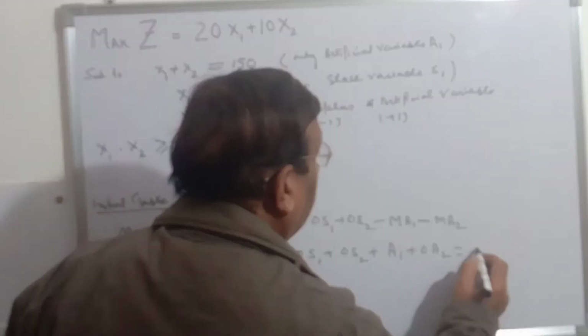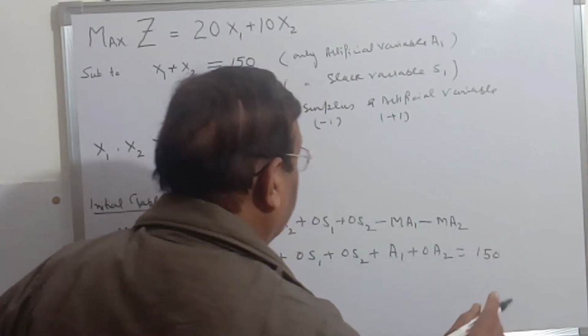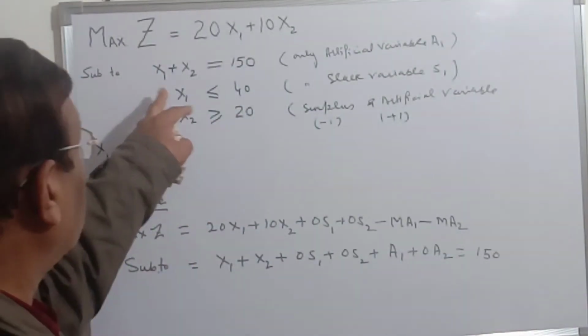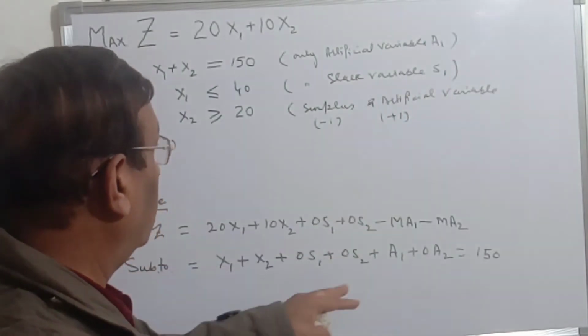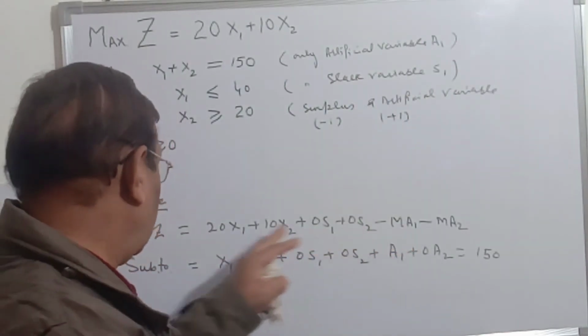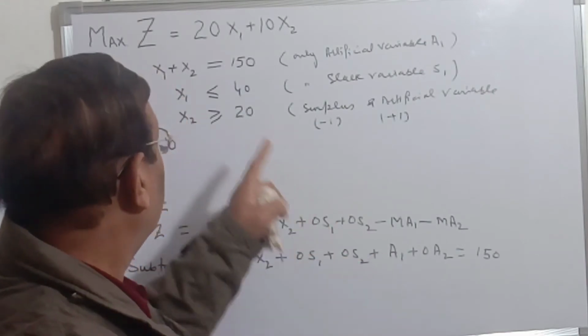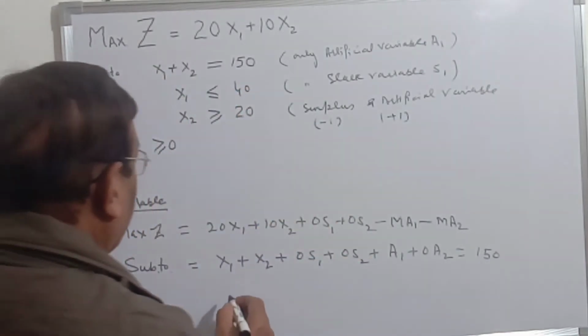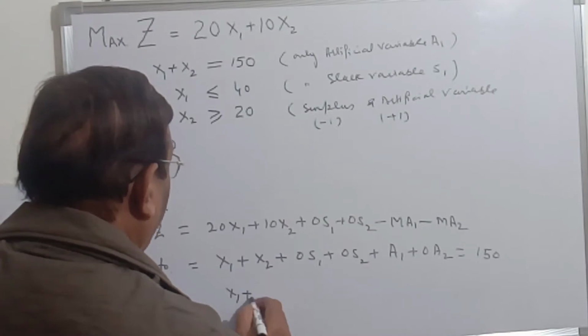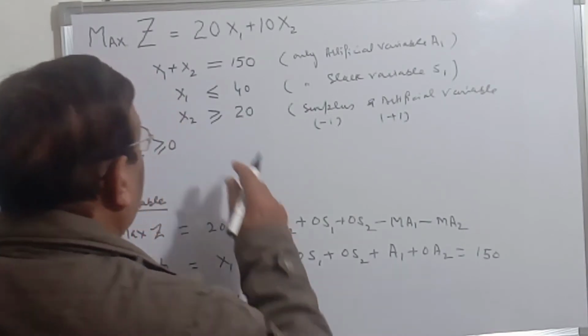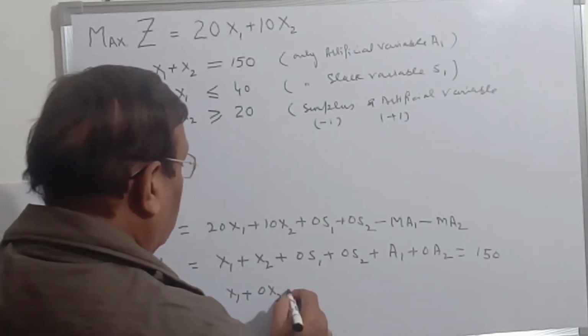This is equal to 150. This is the first equation, because in the first equation only an artificial variable with minus m coefficient in the objective function and 1 coefficient in the first equation. Second equation, x1 plus 0x2. There is no x2, so you have to put 0x2.